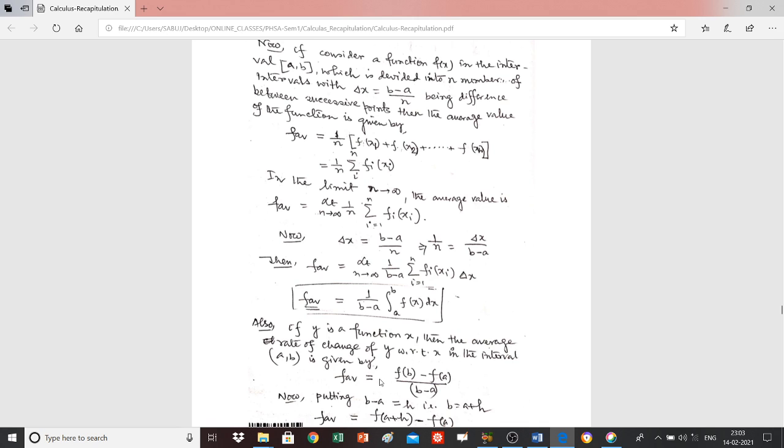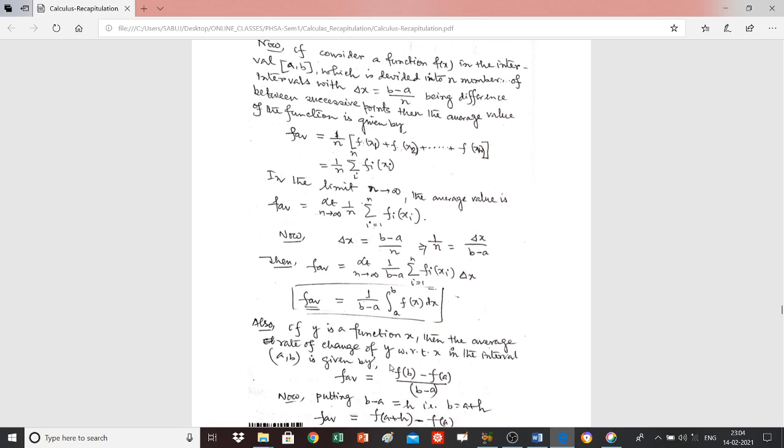So here is another important relation. We have given y, which is a function of x, and the average change of y with respect to x in the interval ab is given by f average equal to the value of the function y when x is equal to b, minus the value of the function y at x is equal to a, divided by the value of the interval, that is b minus a.